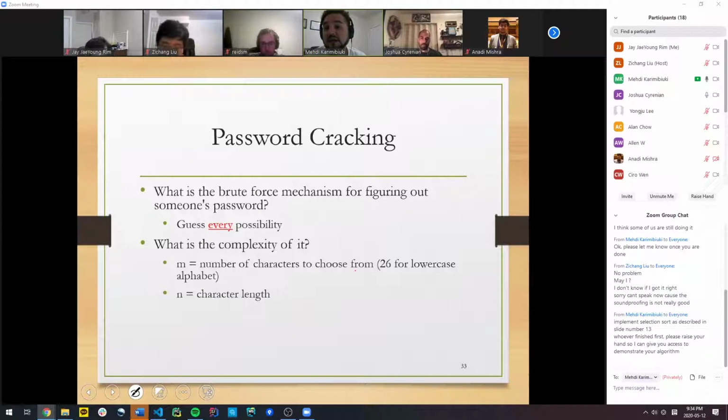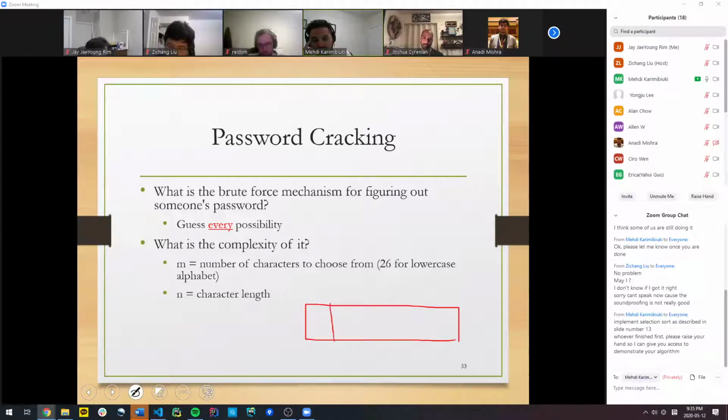So M is the number of characters that you can choose from. So let's say you have some space to fill up your password. So this can be your password, right? And at every location, you can put one possibility of M characters, right?